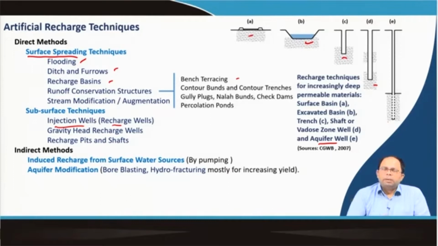That means, if you keep on pumping an area, automatically you create a hydraulic gradient, and as you have learned earlier in case of deep tubewell construction, if you keep on pumping, water will start flowing from the surrounding areas, right? And in this induced recharge from surface water sources, if there are nearby surface water sources, of course that water will travel via those soil pores into this particular aquifer, because we are pumping from this aquifer, because of this difference in hydraulic gradient.